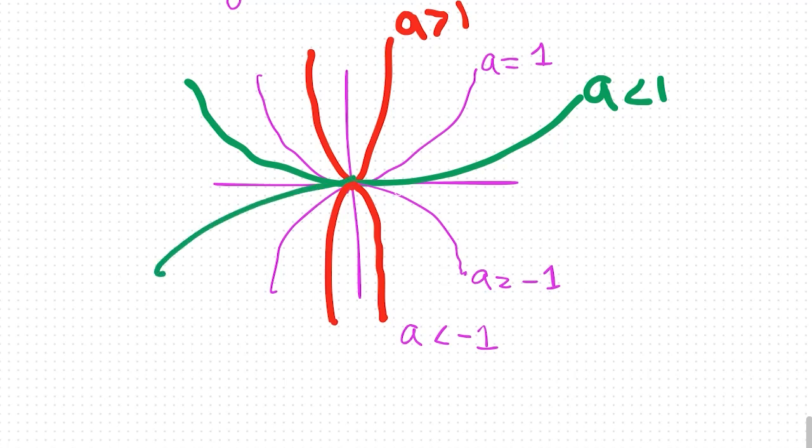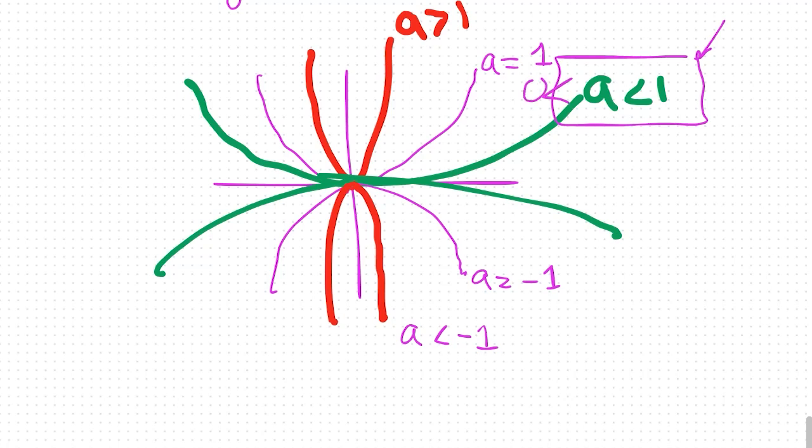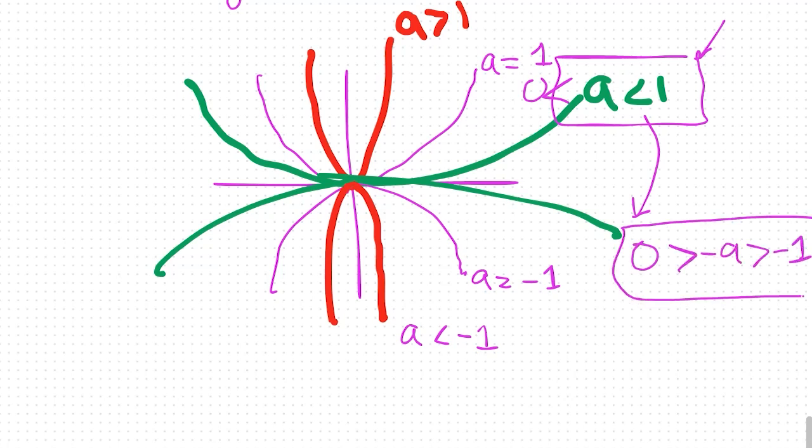In the beginning, a is greater than 0, so if you flip, 0 becomes greater than negative a, which is greater than negative 1. So between negative 1 and 0.